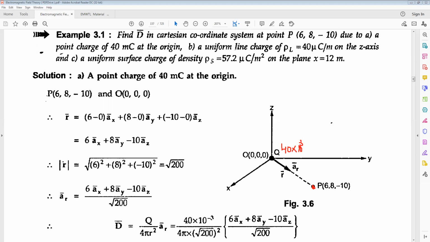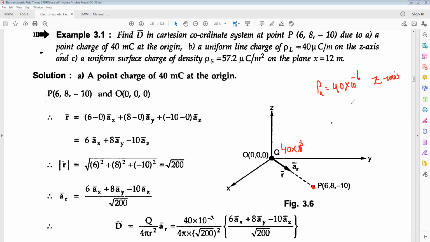And there is a uniform line charge, rho L, of 40 into 10 to the power of minus 6 coulombs, on the z-axis.